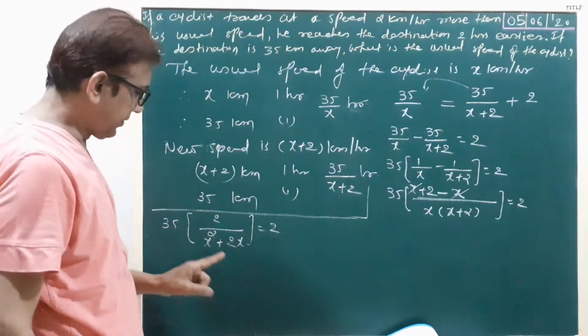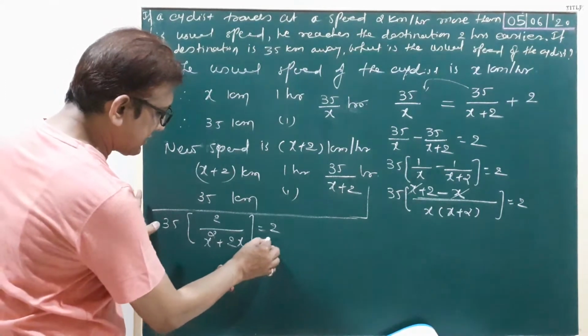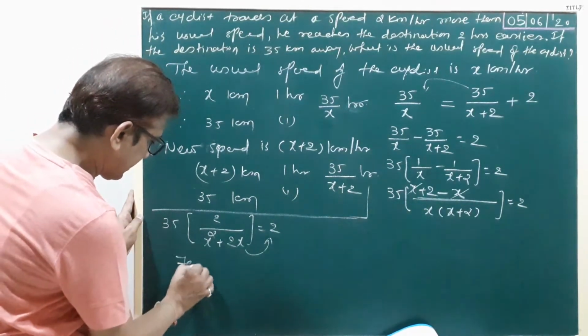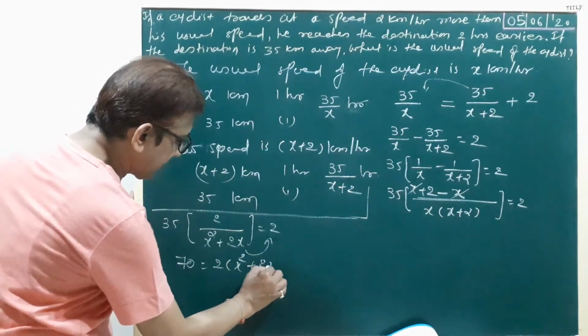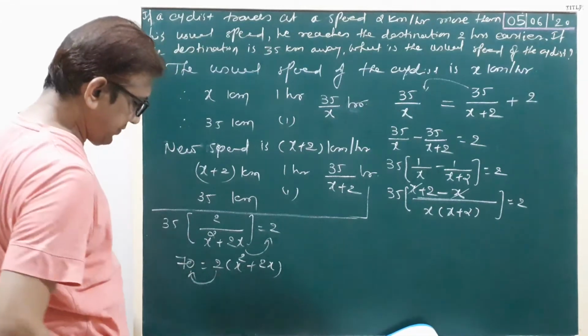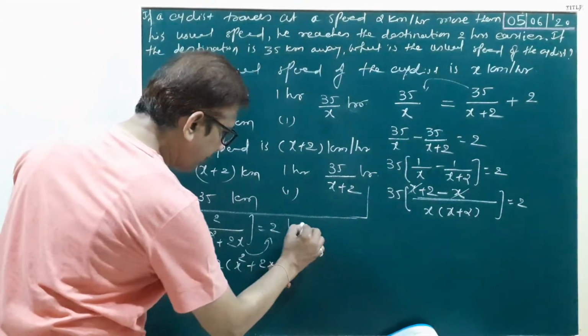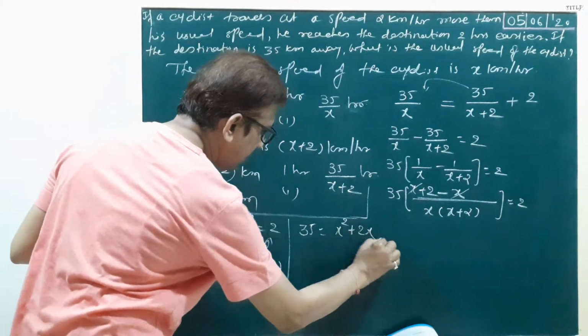Is that clear? Now 35 twos are 70, and this multiplication gives 70 equals 2 into x square plus 2x. Again 2 in division, so 70 divided by 2 is 35 equals x square plus 2x.